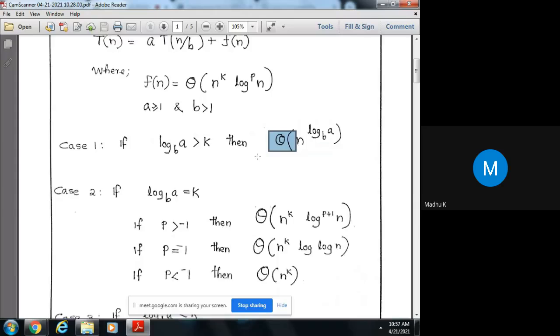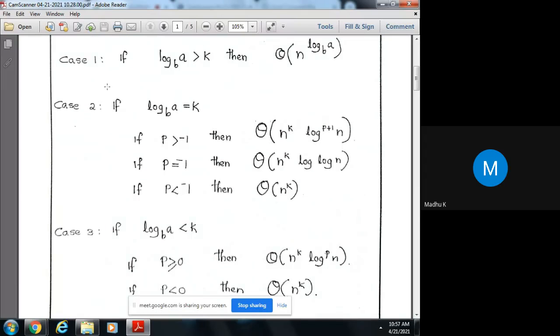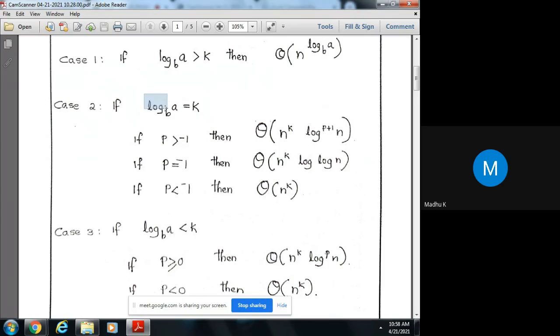Next, case 2. What is case 2? If log base b a is equal to k, that is the second condition, then we will check another three conditions. The first condition is p greater than -1.